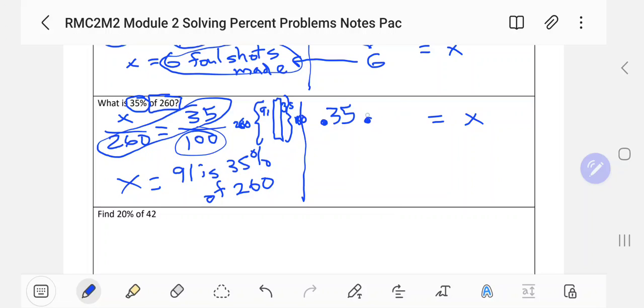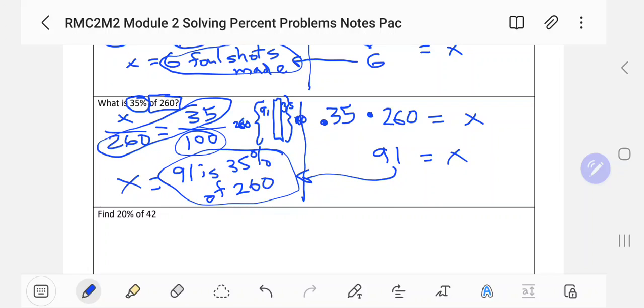And then it says of 260, and the word of can mean multiplication. It often does mean multiplication. So we put that multiplication symbol there, and we got the 260. Okay? And when we multiply that, we get 91. Okay, so there we go. We can rewrite it like that. I won't have us rewrite the whole thing again. We already did that.